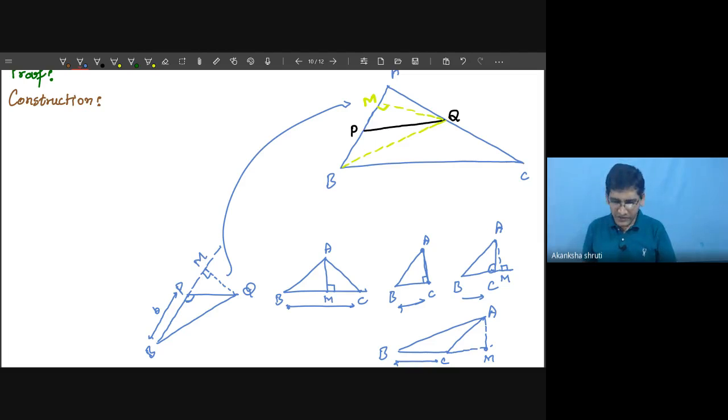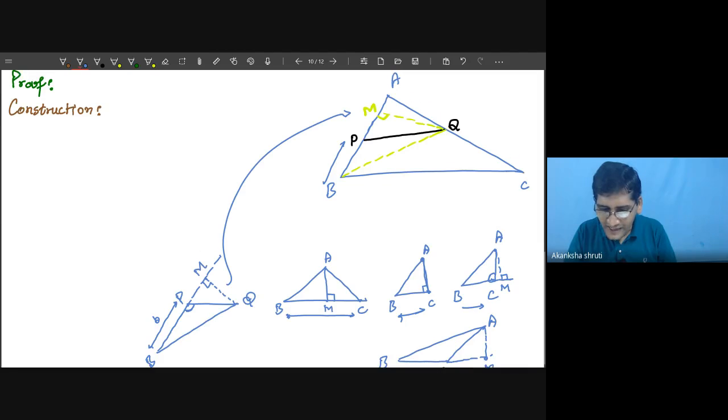So this is the situation that I have drawn. Getting it? So even for BP, this QM is acting as the perpendicular. Okay, student? So by taking the ratio of the areas of the triangles, for the triangle APQ, the base that we are going to consider is AP.